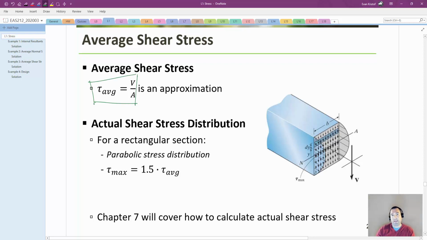For a pure rectangle section cut, the maximum shear stress is equal to 150% of the average shear stress, and we'll talk about that in a lot more detail in chapter 7. I actually derived the formula that defines that parabola. But for now, we're just going to go with the average shear stress, which you'll still see in design codes and things like that, but it is a very big approximation.